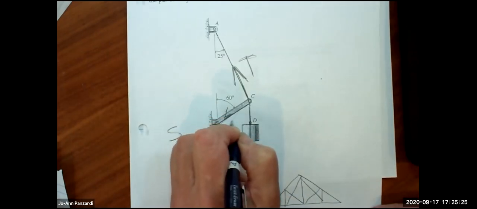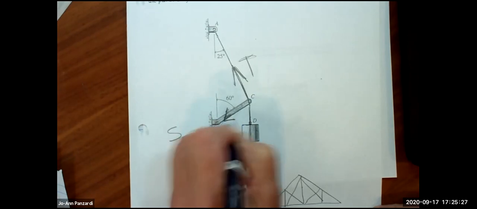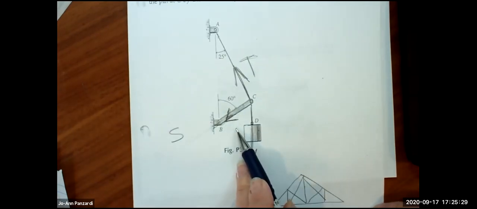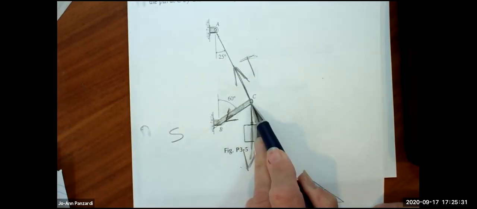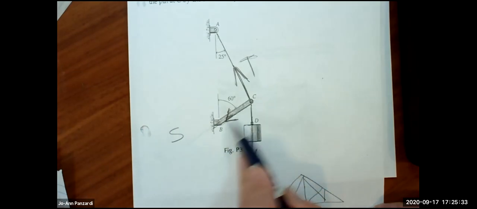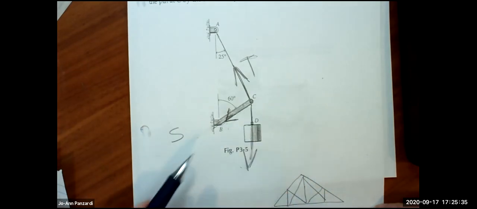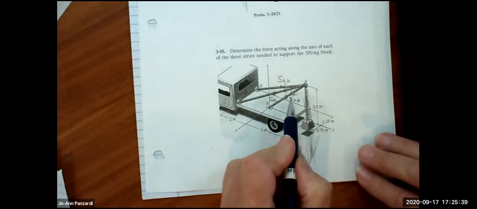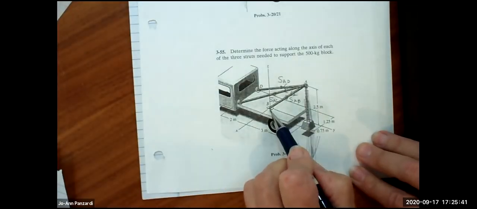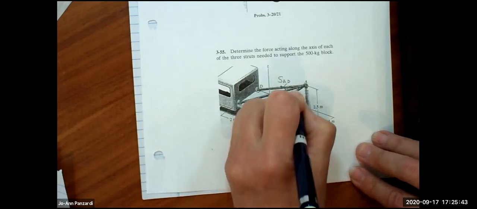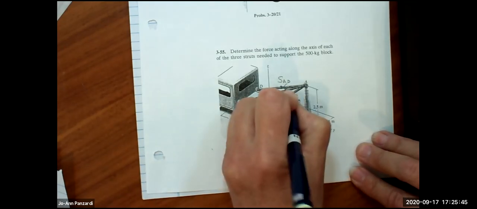Remember here, we drew the strut going down in tension away from C. But in the end, we got a negative value, which said it's going in compression. So even though Isaac thinks AB is probably in compression, we're going to draw them all in tension.